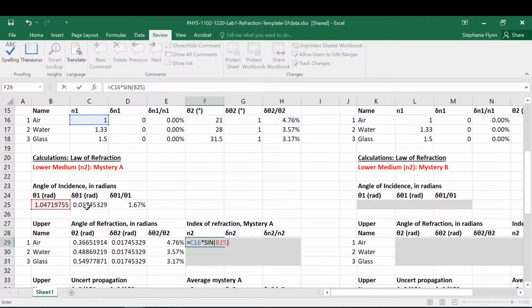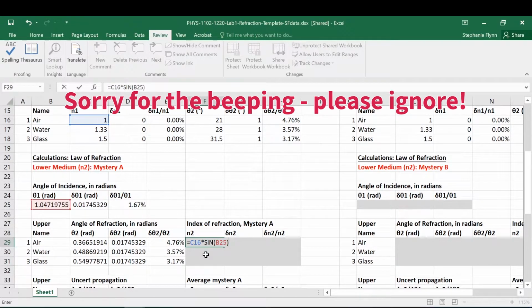Now, because I kept my incident angle the same, but I want to use the dragging function in Excel, I'm just going to put a $ sign here, and that is going to keep that value constant. Then I want to divide by the sine of theta 2, also in radians, and close my brackets.